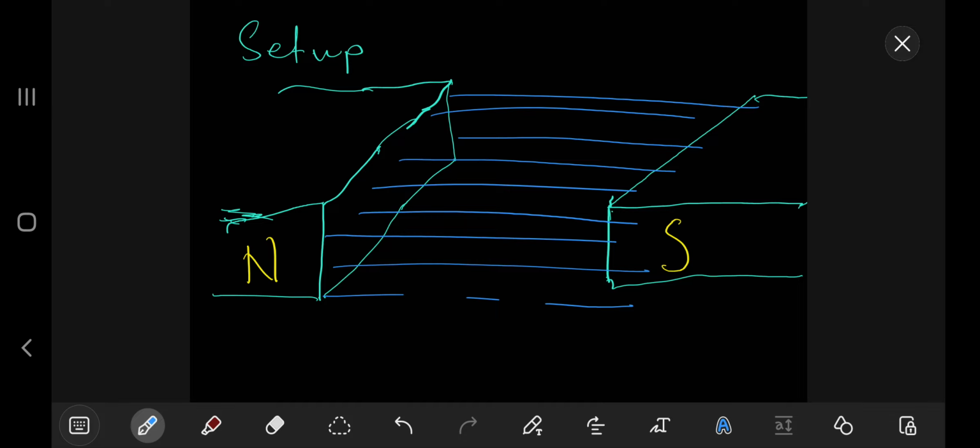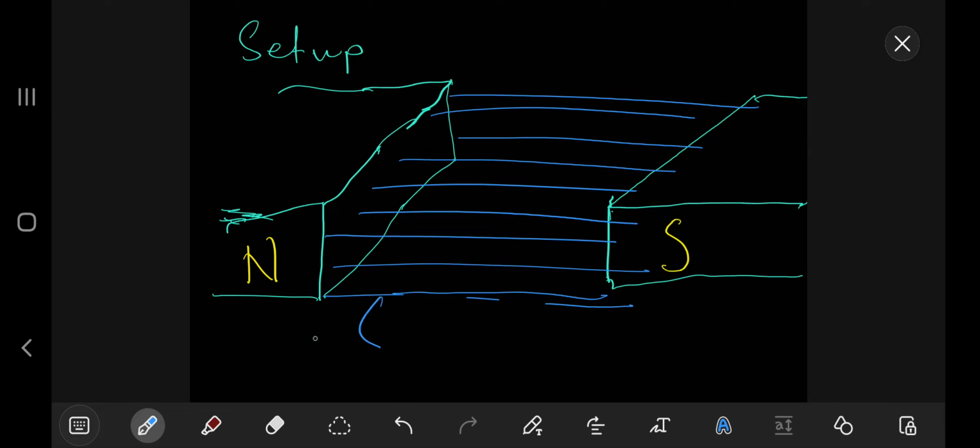And this magnetic field results due to the presence of these magnets. Okay, so the magnetic fields, they're not visible, right? But we can use lines to represent this magnetic field.